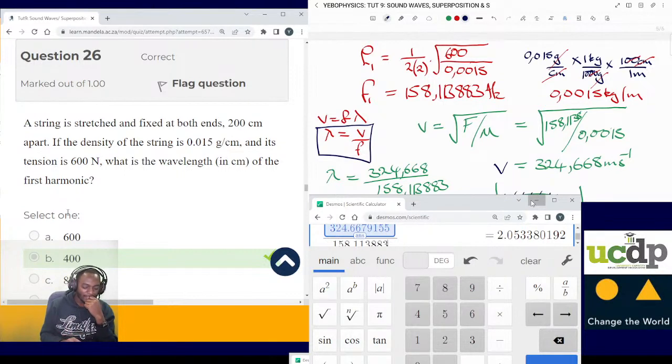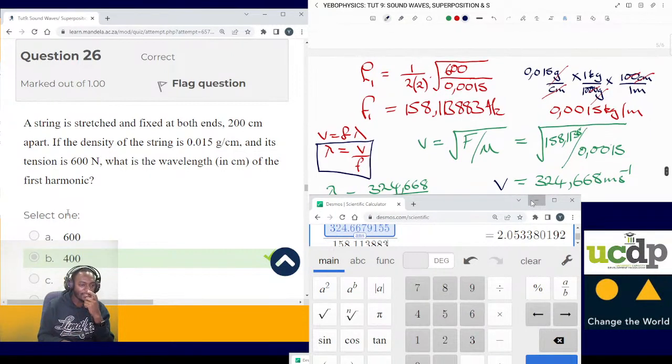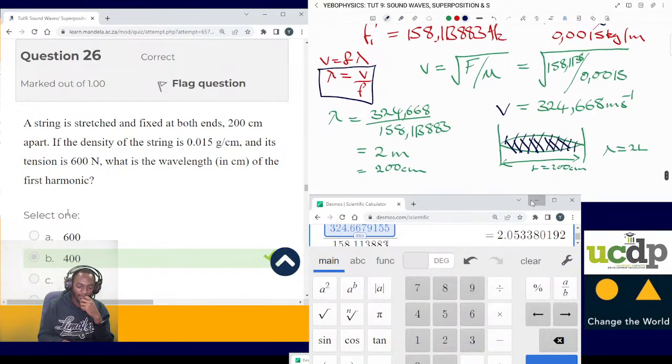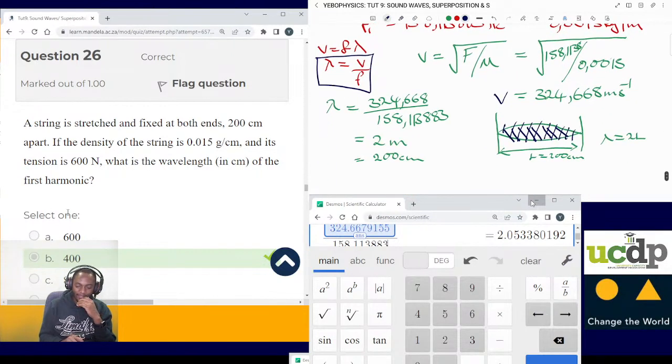So I'll leave it here, guys. If we're using our linear density, it's showing us that we're getting 200 centimeters, unless there could be something misleading that I've done.